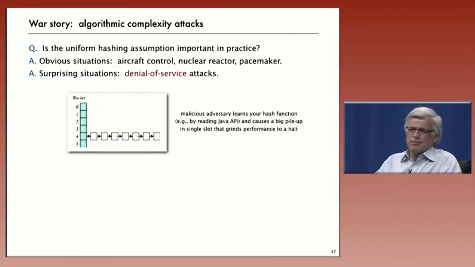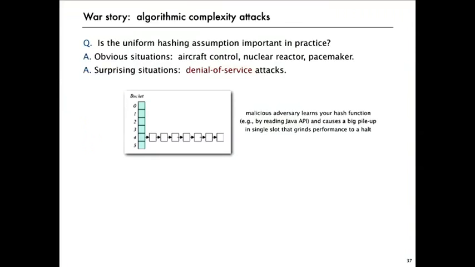And there's another surprising situation that happens in today's world. For example, Java publishes its hash functions. And so if you're trying to provide a service over the web, an adversary can learn your hash function and just send you data that causes a huge performance problem by just making all that data hash to one particular item.